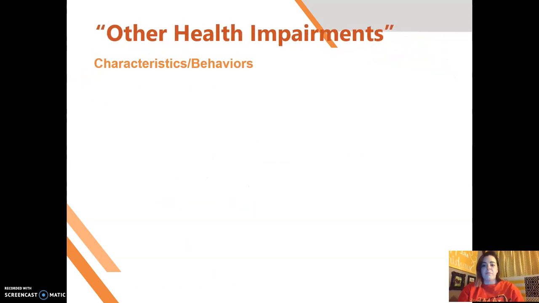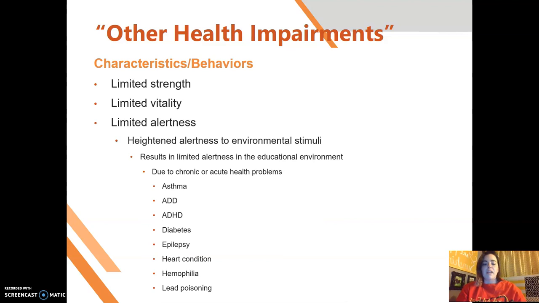So, in other health impairments, there are different characteristics and behaviors, which include limited strength, limited vitality, and limited alertness. So there's heightened alertness to different environmental stimuli. This results in limited alertness in the educational environment, like the classroom.